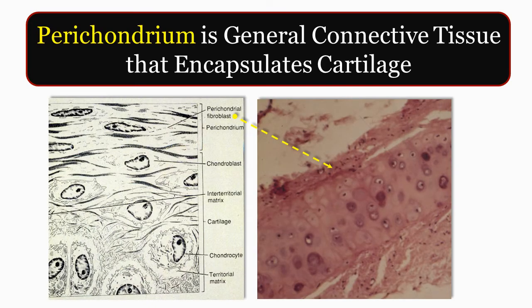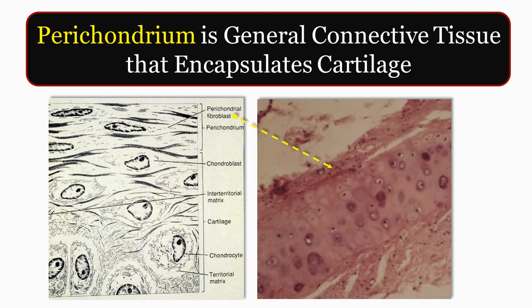Cartilage has a general connective tissue capsule around it. We call that capsule a perichondrium, peri being near, chondrium being cartilage. Like all capsules of the body, the perichondrium is composed of dense, irregular connective tissue. Hence, the supporting connective tissue of cartilage is surrounded by general connective tissue.